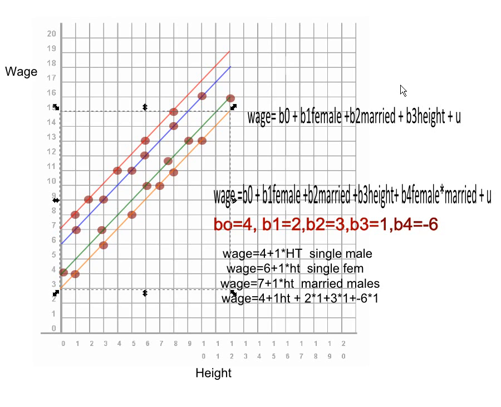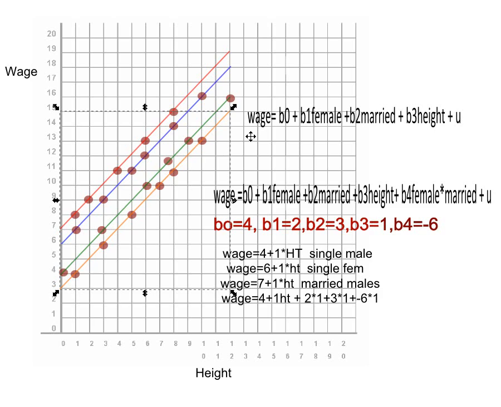So what this interaction of the 2 dummy variables is doing is allowing us to estimate a separate relationship for single males, the green, single females, the blue, married males, the red, and married females, the orange. It is, however, assuming that the slope is the same for all four types of people. We haven't done any interactions on the slopes, but we could.